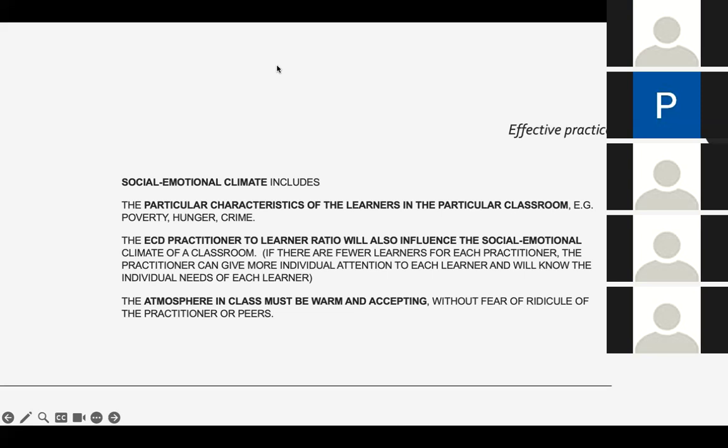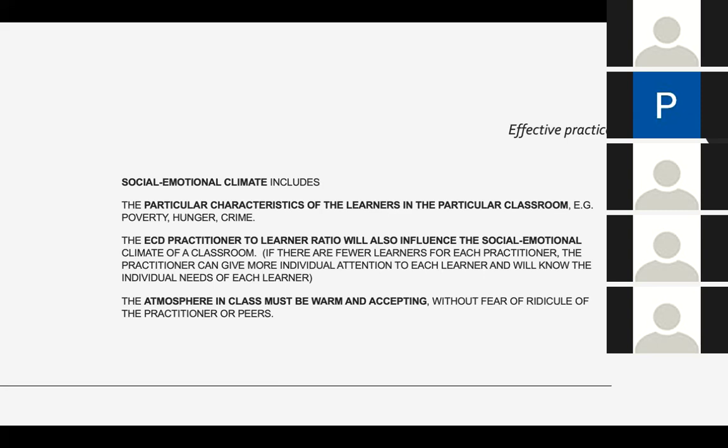The particular characteristics of the learner in the classroom have to be taken into account. So you need to look at the area that your classroom is in. If you are teaching children from a place where there's a lot of hunger, a lot of crime, maybe a lot of poverty, you cannot have a classroom that looks and feels the same as a classroom that is in Stanton Madiba Square.